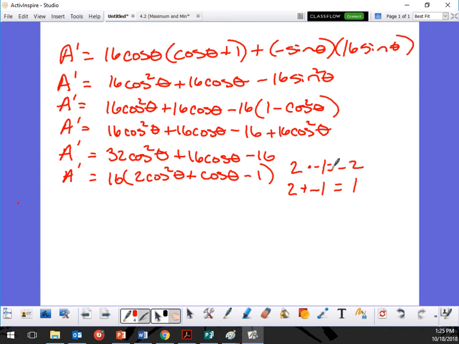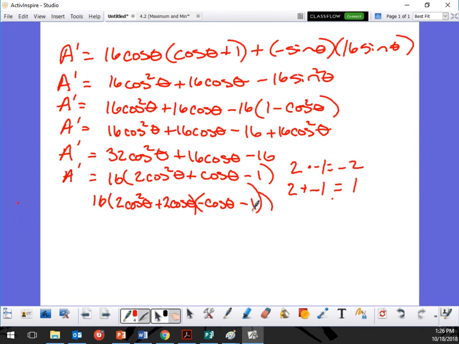So I'm replacing the middle term with what I have down here now. So it's going to bring down 16, 2 cosine squared theta plus 2 cosine theta minus cosine theta minus 1, right? Okay, factor by grouping.